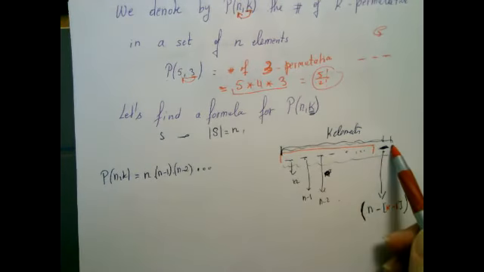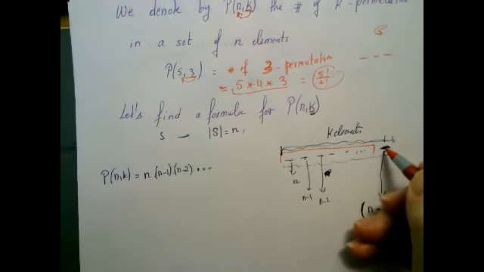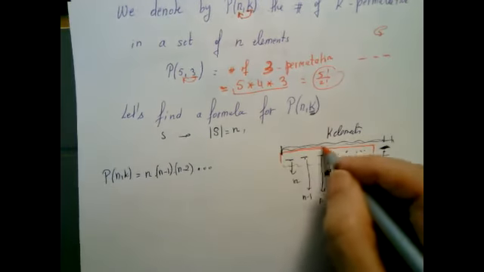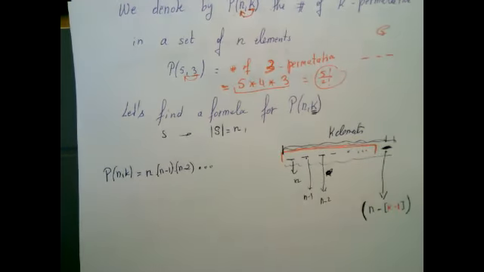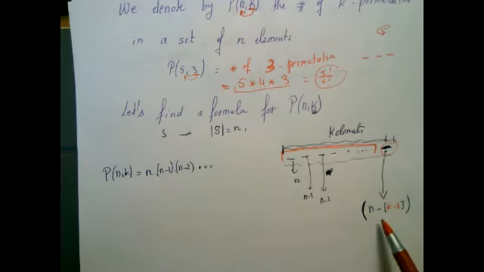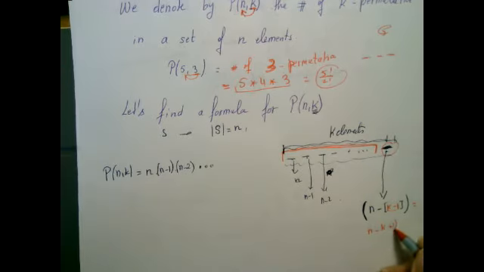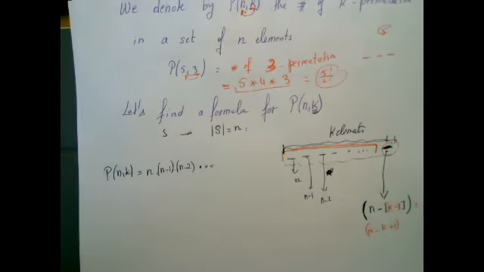From here to here, I have k, and that's the kth one. So up to here, it means k minus 1. So when I reach here, I took away k minus 1, and what I'm left with is n minus k plus 1.